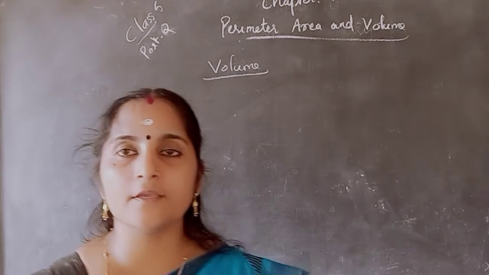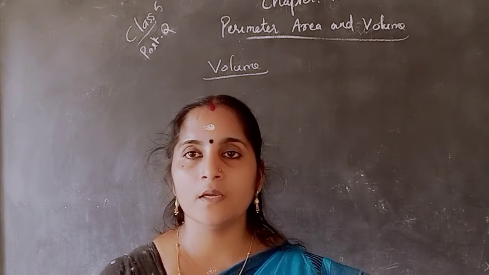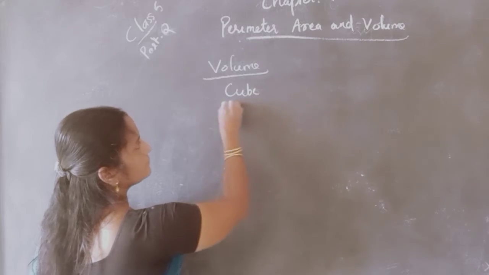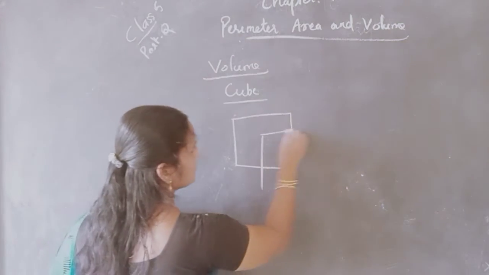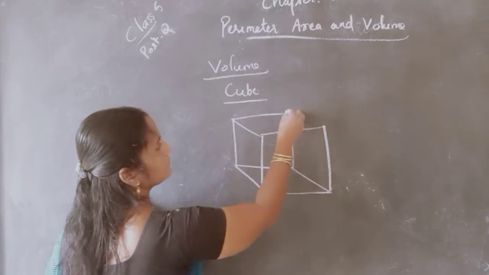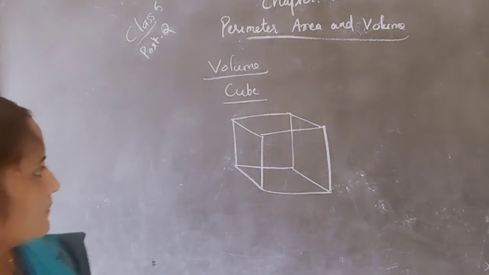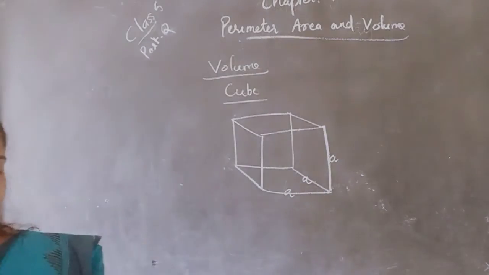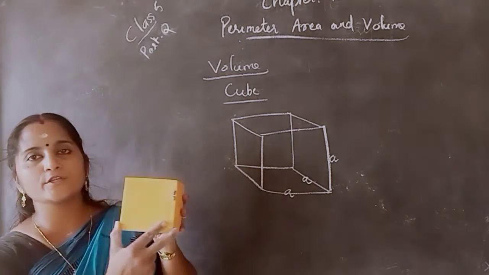In a cuboid, if all the faces are equal, then that figure becomes a cube. This is the model of a cube. Length, breadth and height are the same. Look here, all the faces are of square shape.